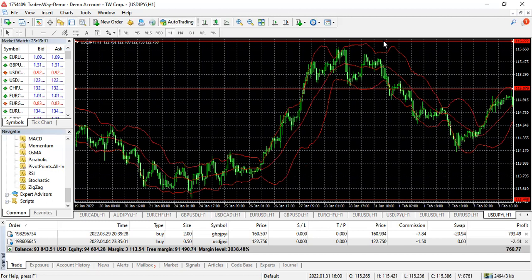Let me recap. We've done position sizing, where you will know the amount you want to lose or earn per trade, the amount of pips you want to target, and the amount of pips you want to risk for each trade.